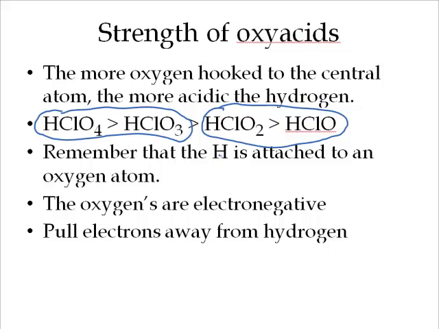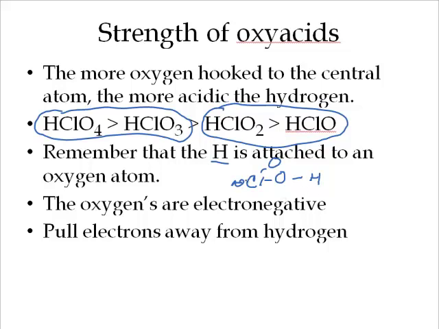The reason for that is the way that the charge density on the molecule plays a big role in how polar that H is. The H is attached to an oxygen atom. So if I'm looking at something like HClO2, we've got Cl, and we've got an O there, an O there, and one of the H's is attached right there.